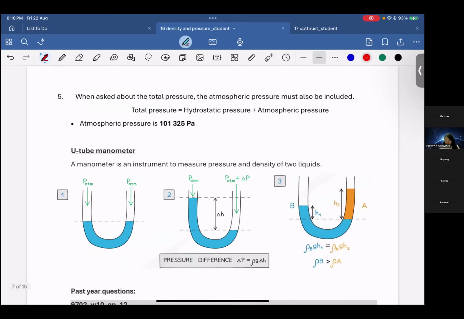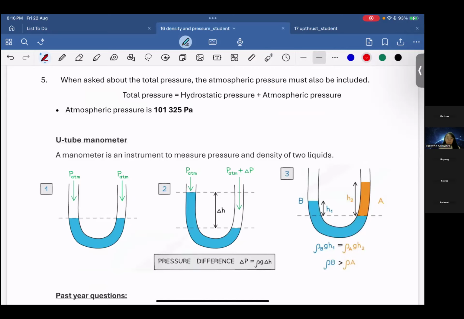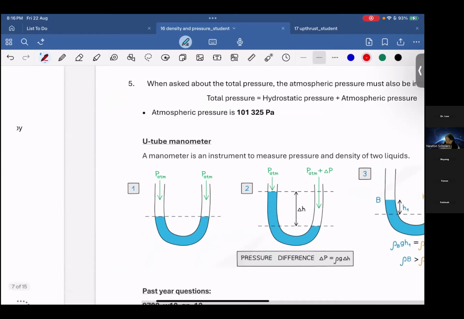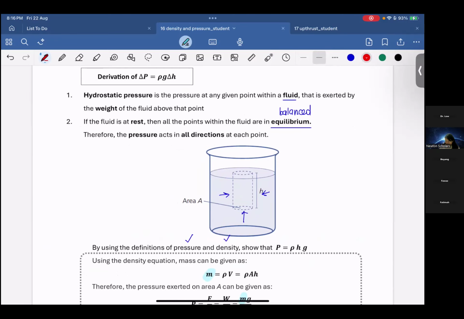This is just theory. If they say pressure and they didn't mention liquid pressure specifically, then you have to consider the atmospheric pressure. If I draw it like this, this is the liquid.